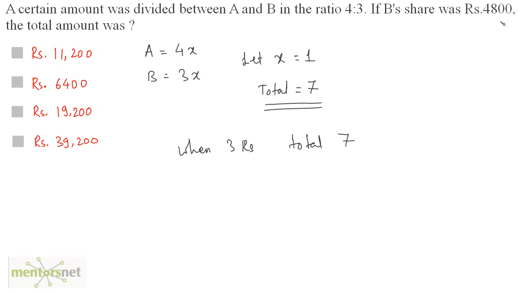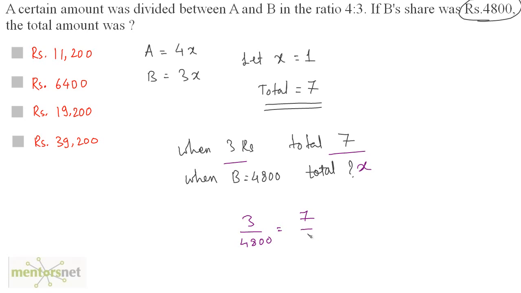And when B has 4,800 rupees, what is the total amount? This is a proportion now. 3 by 4,800 is 7 by x. So we can solve it using proportion. So 3 by 4,800 is equal to 7 by x, right?